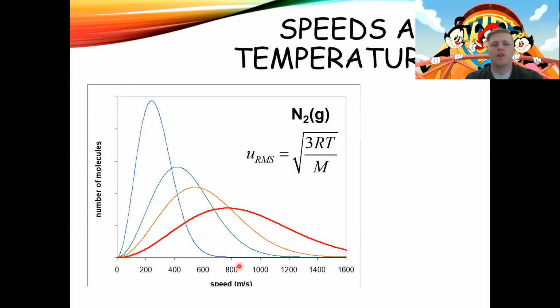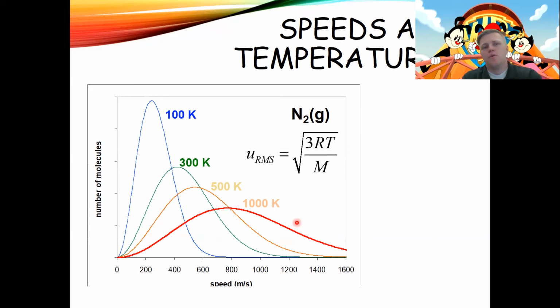So here I have a plot where on the x-axis, I have my speed in meters per second. On the y-axis, I have my number of molecules. And then each of these curves then corresponds to a different temperature. So I have my blue curve corresponding to 100 Kelvin, and my green curve's 300 Kelvin, 500, 1000, etc.